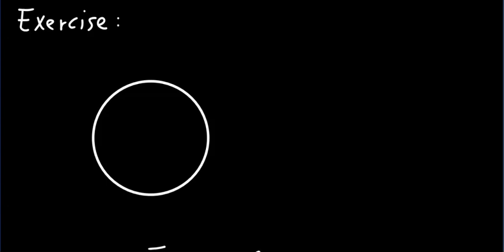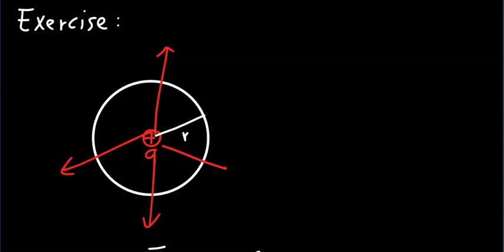Let's look at the following simple exercise. Let's say you have a positive charge in the middle of this sphere, and the strength of this point charge is Q. The radius of the sphere is R. So obviously, this point charge will create an electric field through this spherical surface in a radial manner.